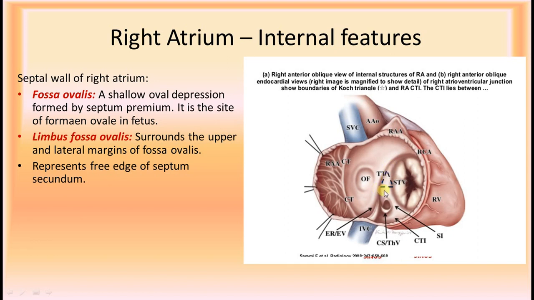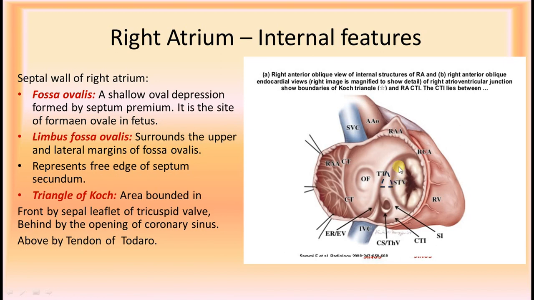So this triangle of Koch is bounded in front by the septal leaflet, behind by the opening of the coronary sinus, and above by the tendon of Todaro. This TT is the tendon of Todaro. What is lodged in this triangle is the AV node, or the atrioventricular node.